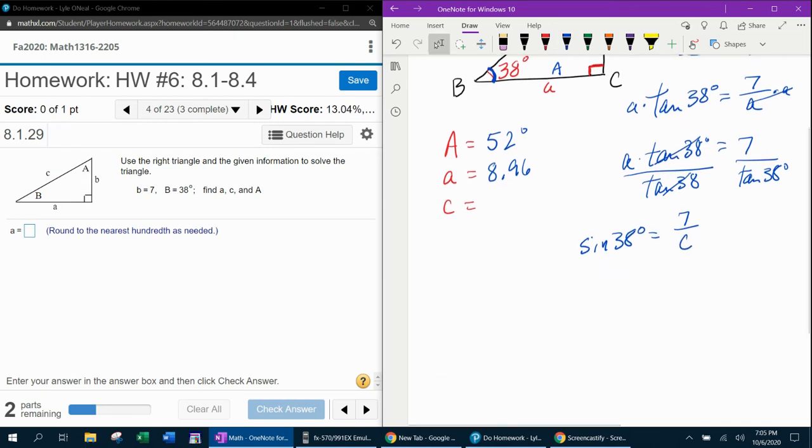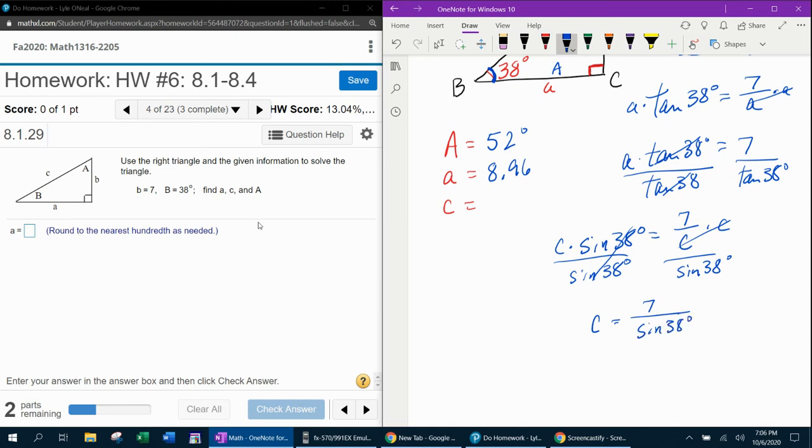And then I can solve for little c just like I did for a. Multiply by c, divide by sine 38. So little c would be 7 divided by sine 38.